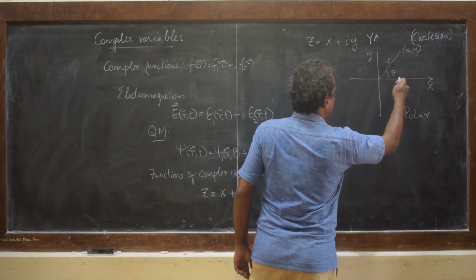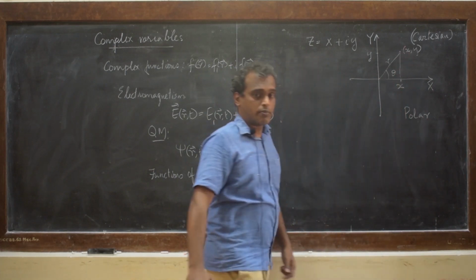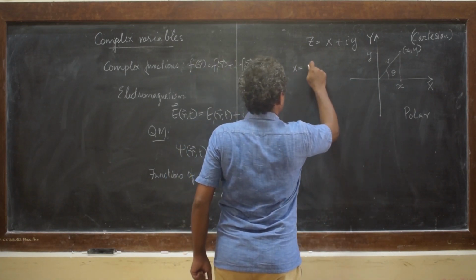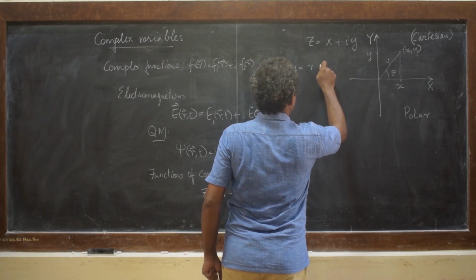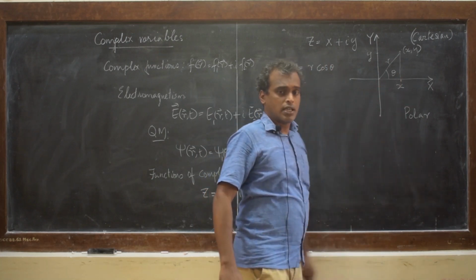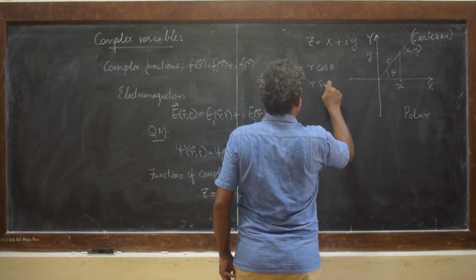We note that the x coordinate of that point can be represented as r times cos theta, and the y coordinate as r times sin theta.